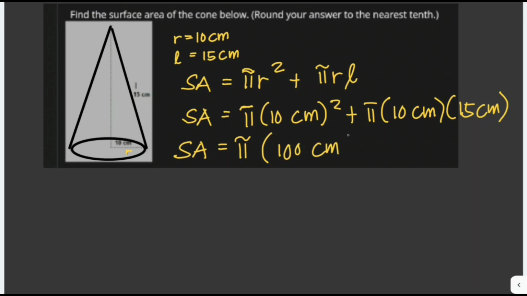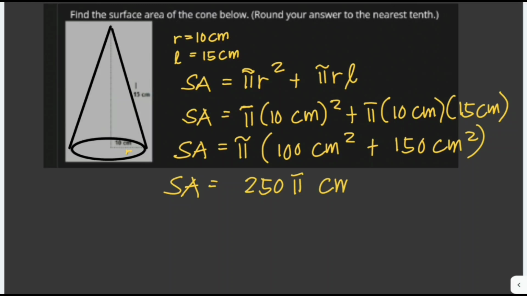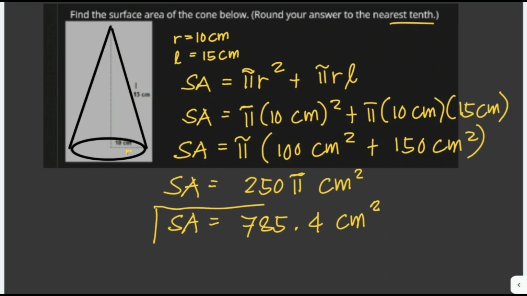So this is 100 centimeters squared, plus 10 times 15 is 150 centimeters squared. So this is just 250 pi centimeters squared. And then we simplify this. This would give us an answer which is equal to 785.4 square centimeters. It says to the nearest tenth. Therefore, our answer should only have one decimal place.